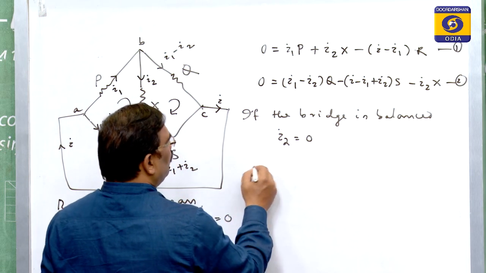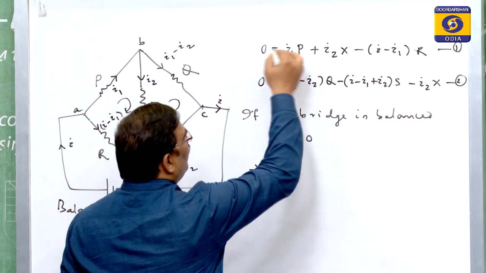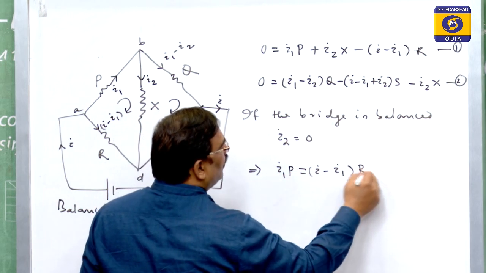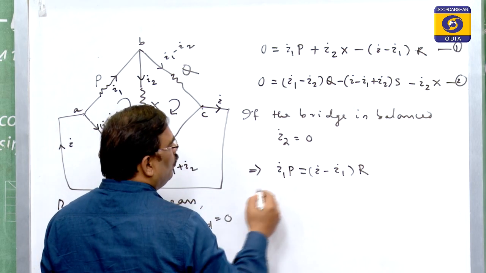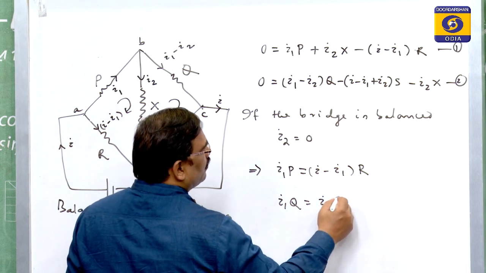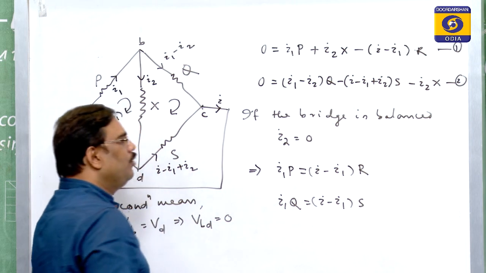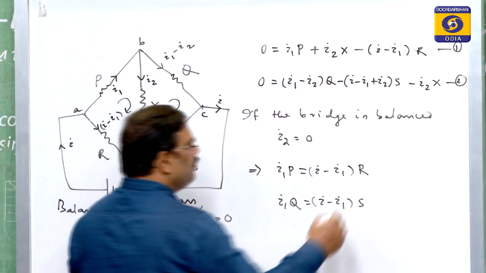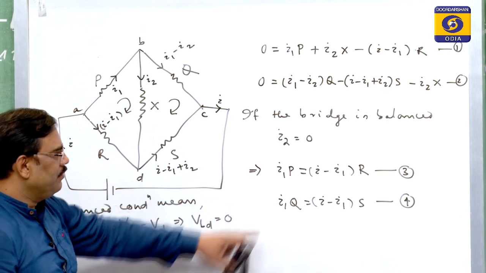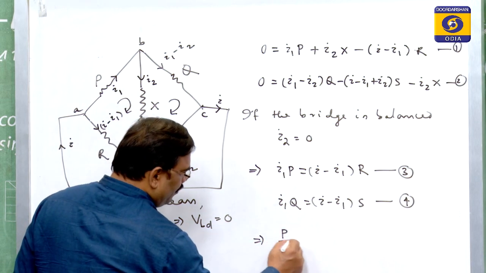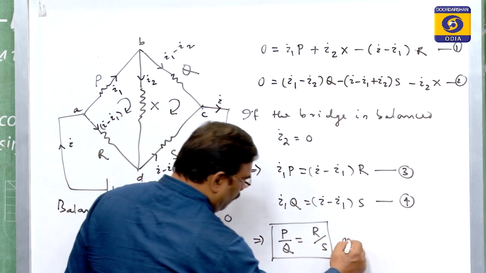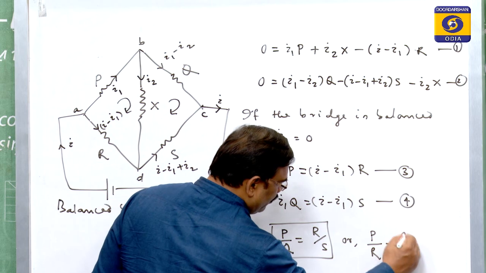So, with I2 equal to 0, in equation 1 I get I1P is equal to I minus I1 into R, and from equation 2 I get I1Q is equal to I minus I1 into S. So, this is my equation number 3 and equation number 4. Now, dividing equation 3 by 4, what I get is P by Q equal to R by S, or P by R equal to Q by S.